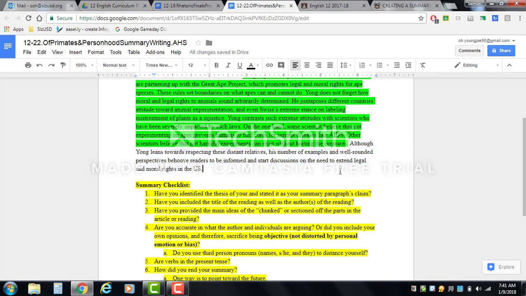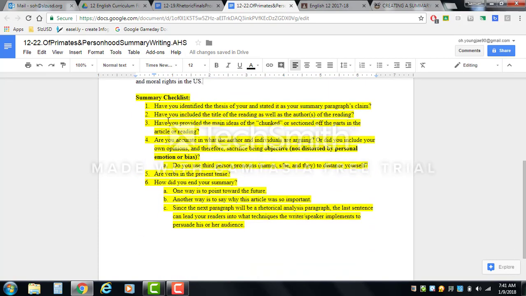In our instance, what I did was I'm trying to segue or transition into the rhetorical analysis paragraph. If you look at my handy dandy summary checklist, I fulfill this last portion: the last sentence leads my readers into techniques the writer or speaker implements to persuade his or her audience.